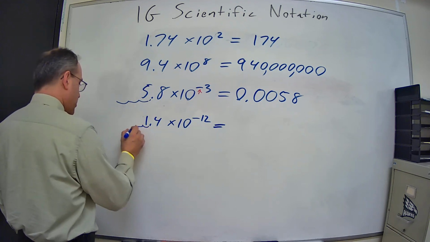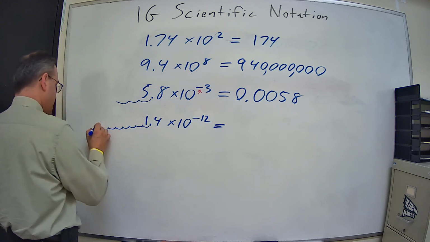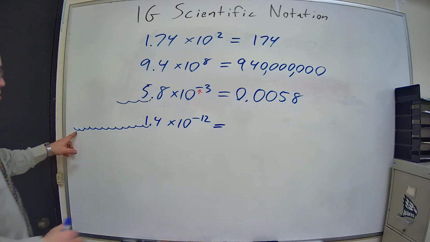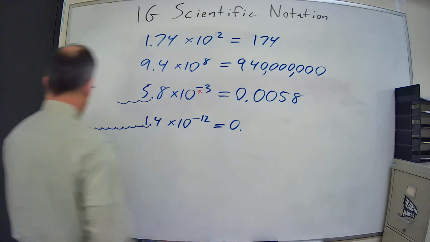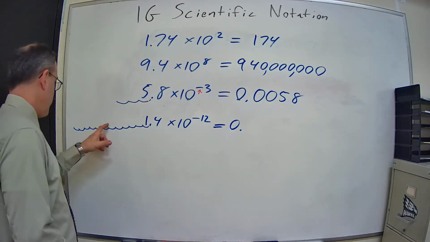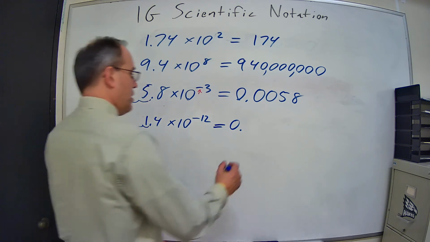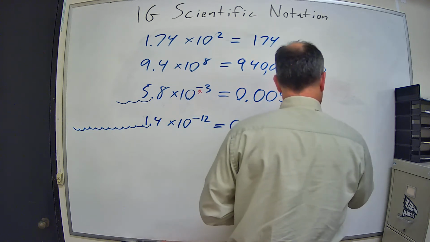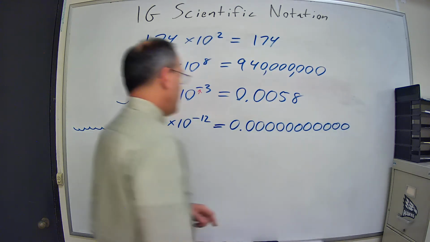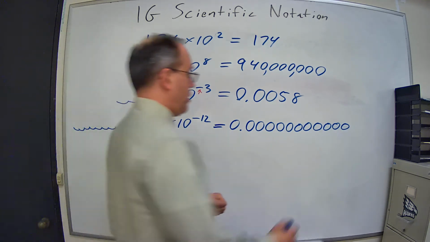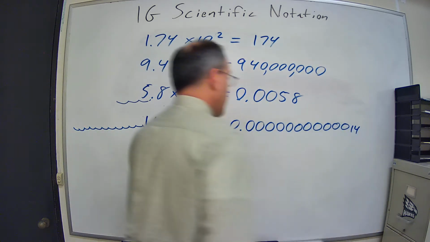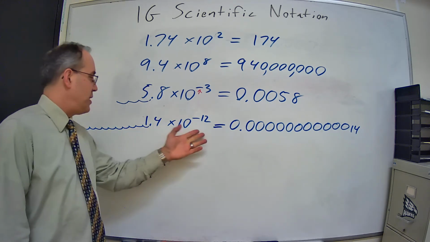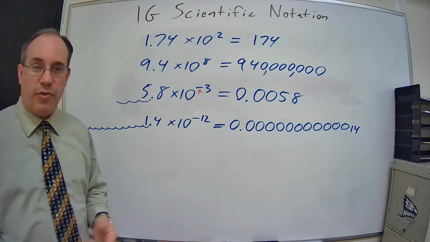That's 1, 2, 3, 4, 5, 6, 7, 8, 9, 10, 11, 12. That's a lot of places. So then I've got 0 point, and I've got 11 zeros, followed by this 1, 4. Wow, that's a pretty ugly looking number. So using scientific notation definitely makes it nicer for us.